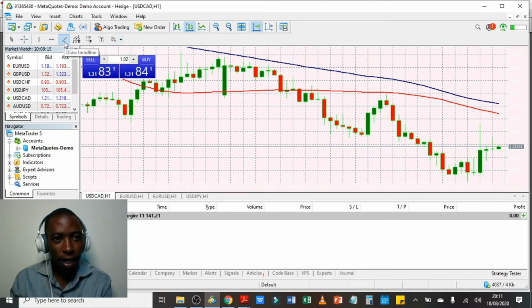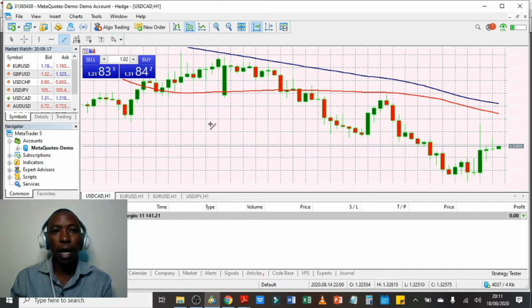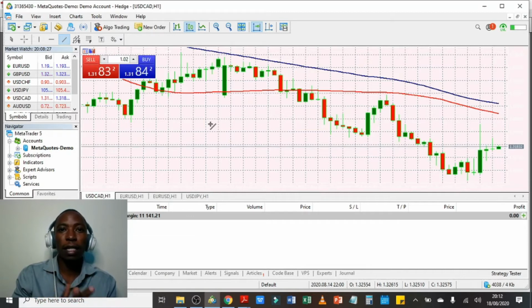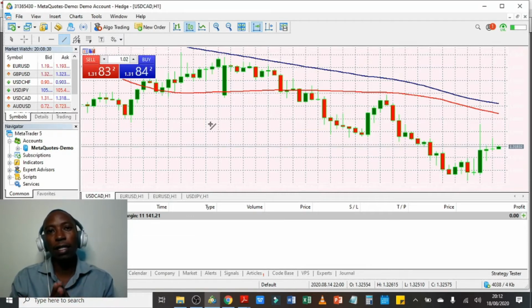This line is the trend line, and the most important thing for you to know when handling trend lines is that there are different types of trend lines. Basically, there are two types of trend lines. There's an ascending trend line, that is when the market is uptrending, and then there's a descending trend line, that is when the market is downtrending. And within the uptrending and downtrending trend lines, we also have different categories.